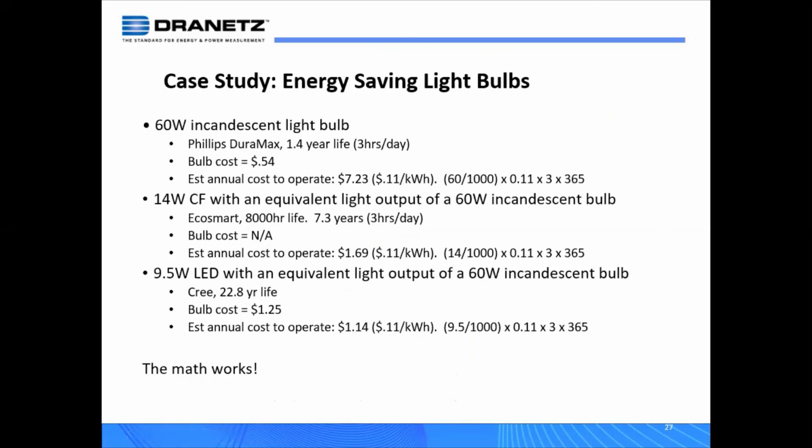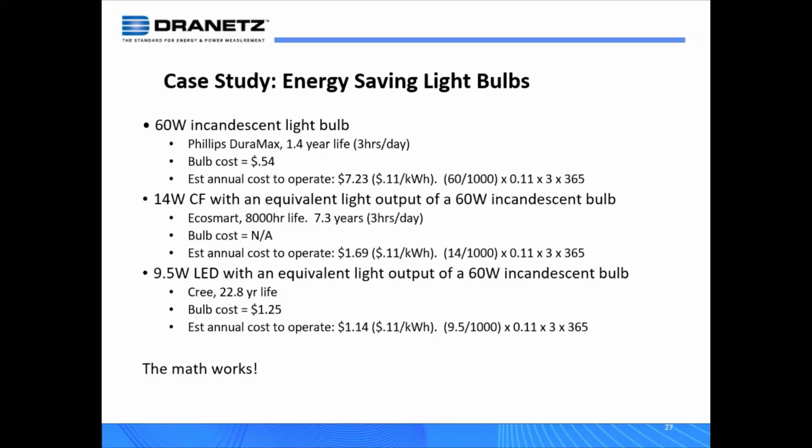So if we did a summary of this, our 60-watt incandescent bulb, you can see that the bulb cost is about 55 cents, and the cost to operate it. Okay, and then we compare that to our CF bulb, and again, the cost to operate it.